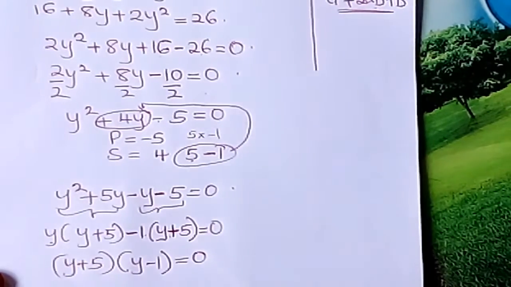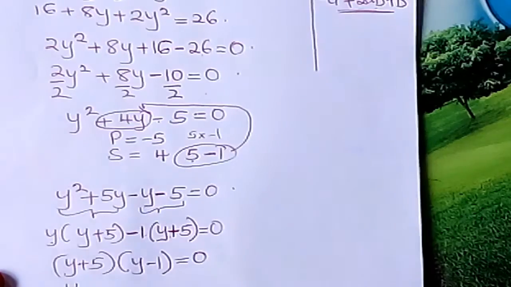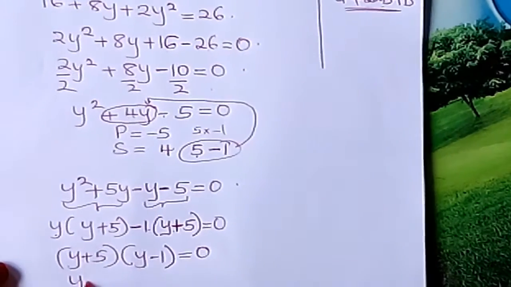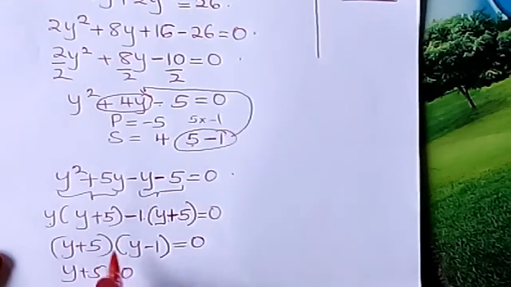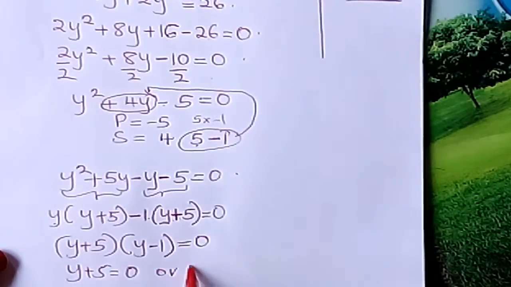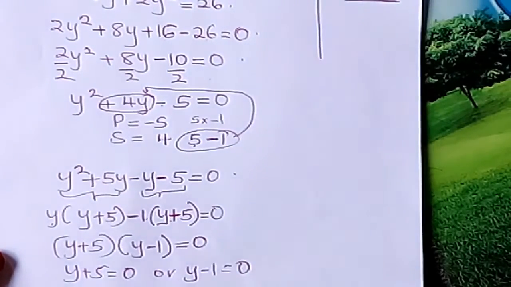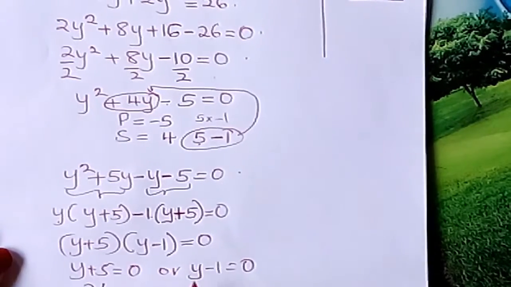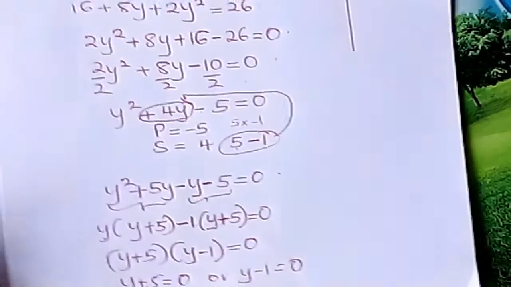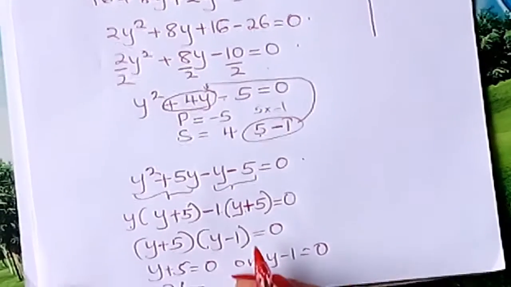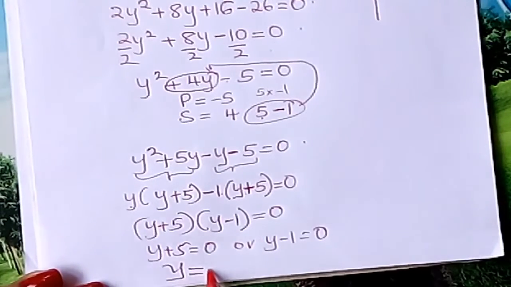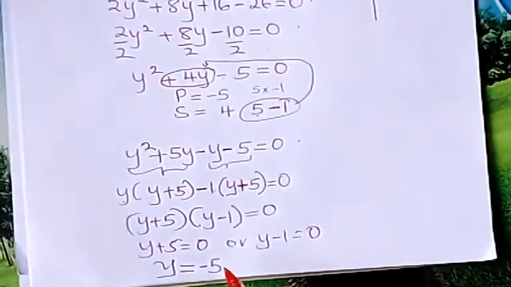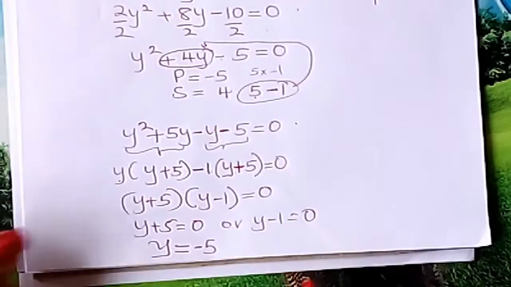So what is this? You write y plus 5 is equal to 0, or y minus 1 is equal to 0. And therefore, what is your value of y here? Take this to this side, you will find that your y is negative 5.